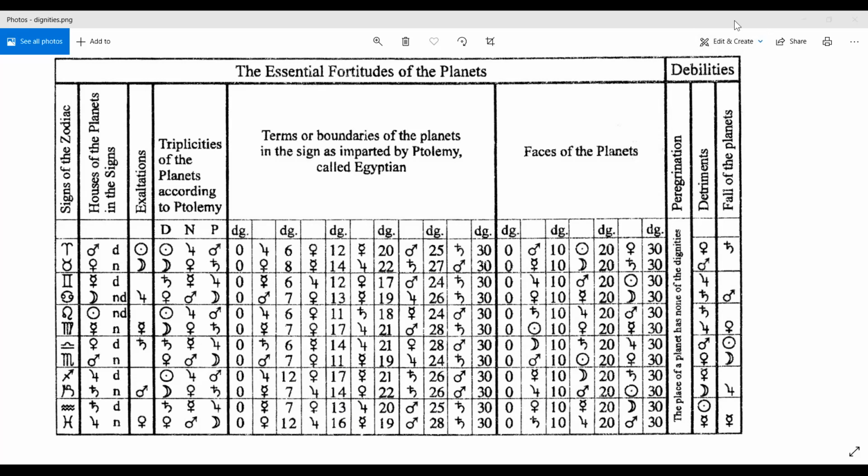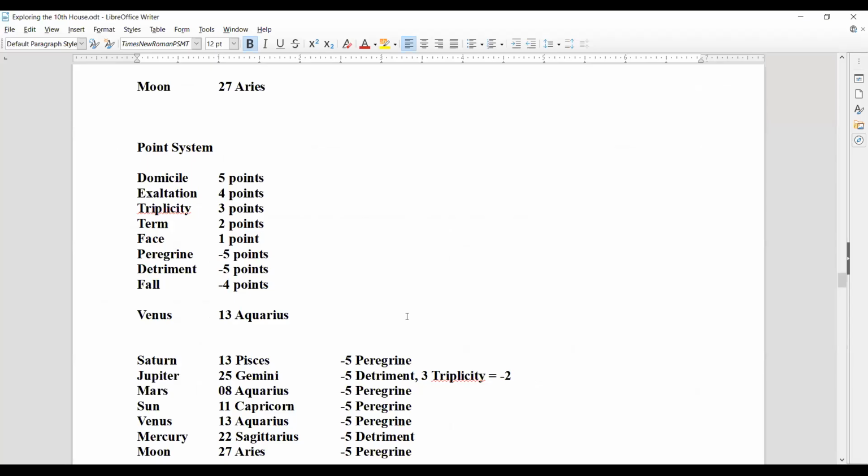So you could write it out like this. Mercury, Jupiter, and then was Mercury again, what? Yeah, let's see.